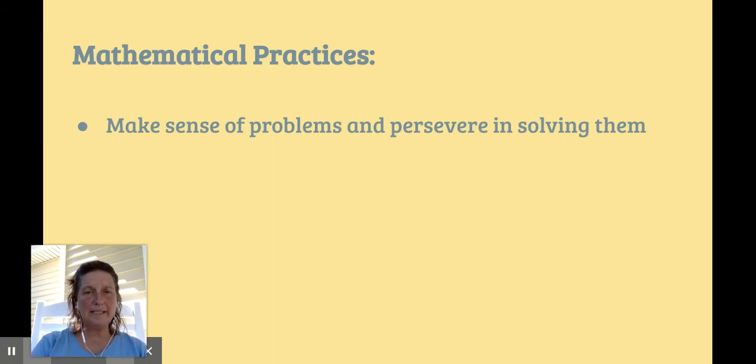Again, grit is similar to perseverance. You have grit when you're faced with a problem, whether it's mathematical or an argument with your best friend or trying to make a good choice. When you are faced with a dilemma, you persevere, you keep going, you keep trying, you just don't give up.